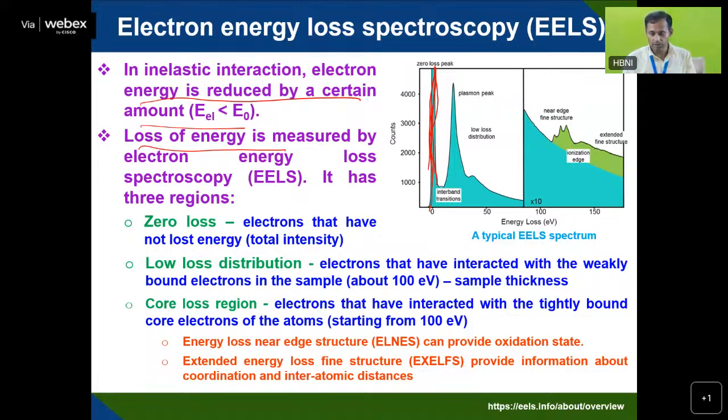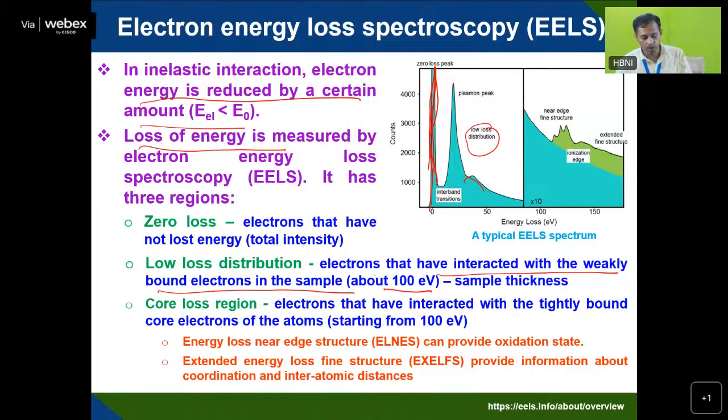In the low loss region, electrons have interacted with weakly bound electrons in the sample, with energy less than 100 electron volt, and that gives you this type of broad peak.